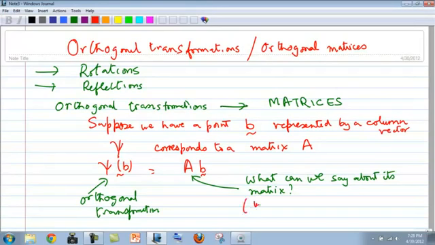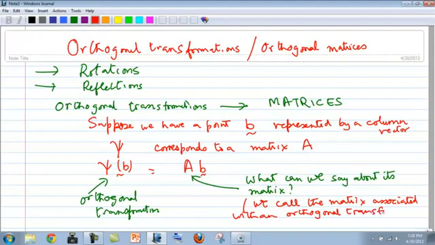We call the matrix associated with an orthogonal transformation an orthogonal matrix. So in other words, we are going to start to study properties of orthogonal matrices. Okay, let's do that.